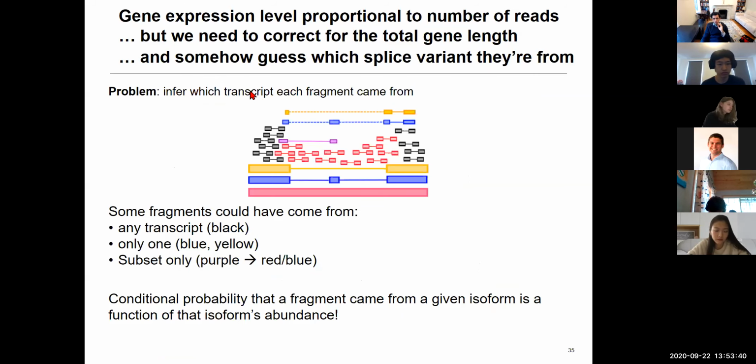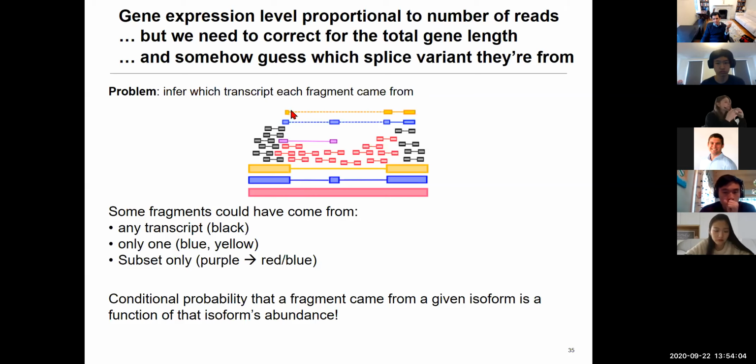You also want to somehow guess which splice variants every read is coming from. So basically the problem is you have to infer which transcript every fragment came from. And some fragments could have come from any transcript. So the black ones here fit with any transcript. Some only fit with the blue transcript or only with the yellow transcript.